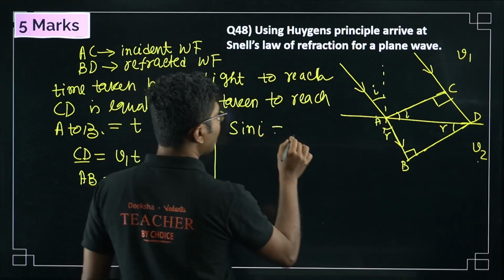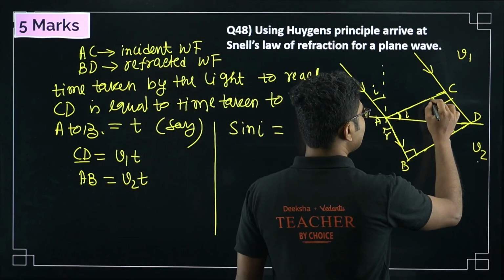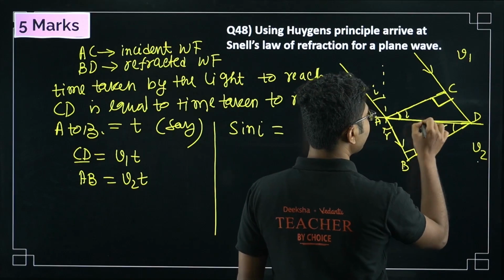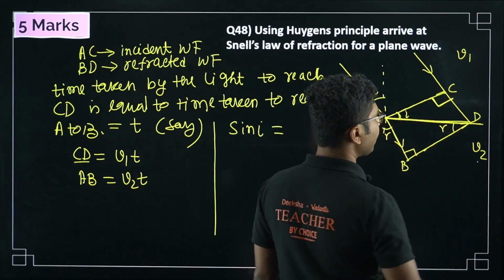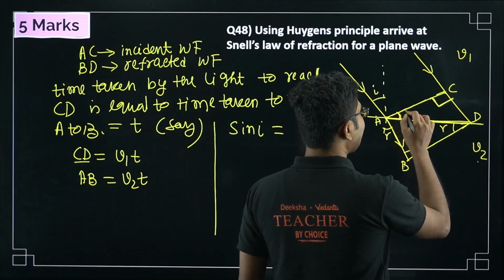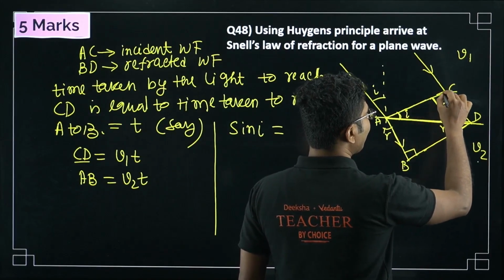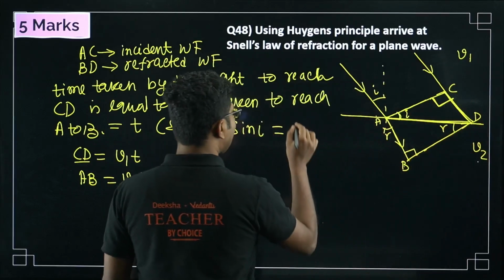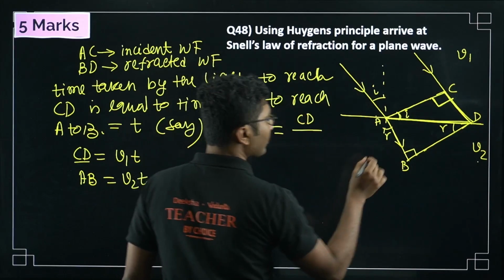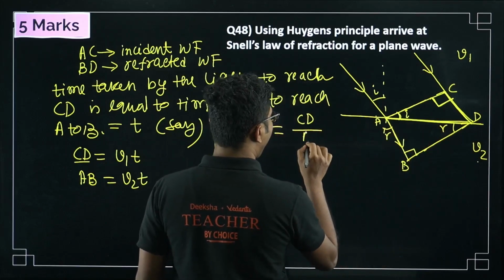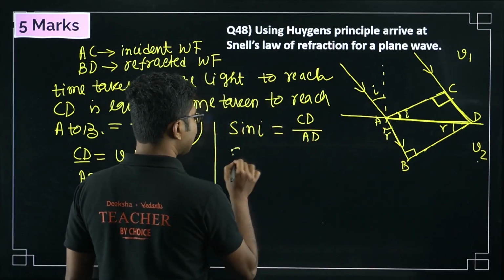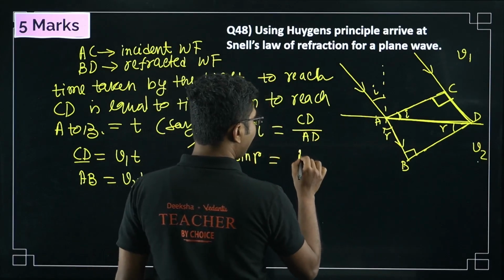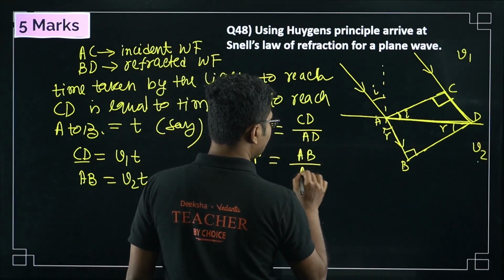So sin I is what? This is angle I. This is 90 degrees. That means this is hypotenuse. Okay, 90 degrees opposite side is hypotenuse. So AD is hypotenuse. Okay, and sin I is basically perpendicular over hypotenuse. So sin I is CD by AD. Similarly, what is sin R? Sin R will be AB by AD.